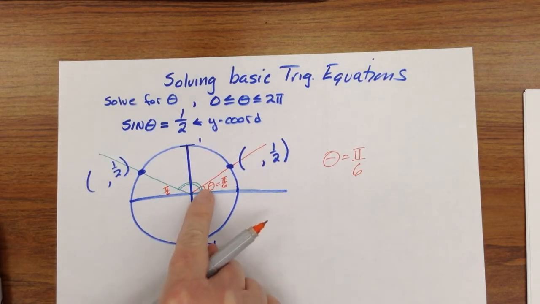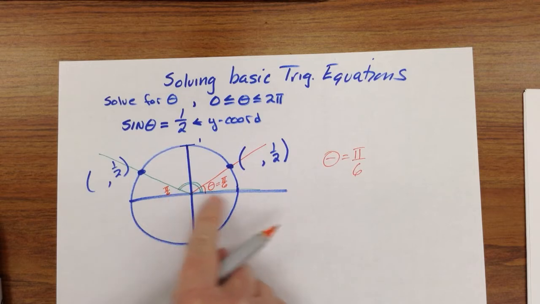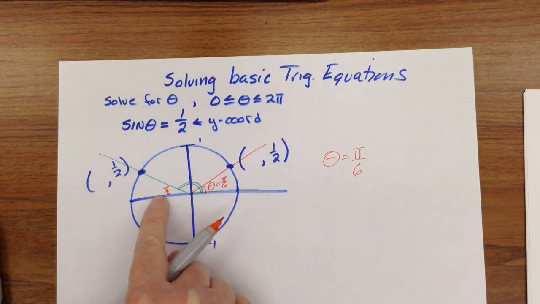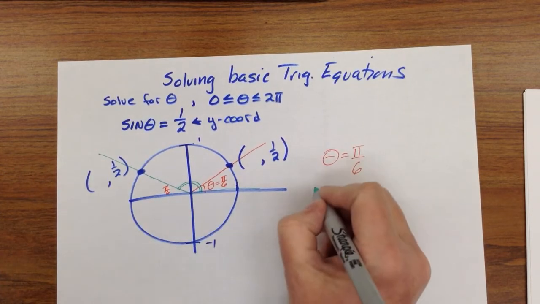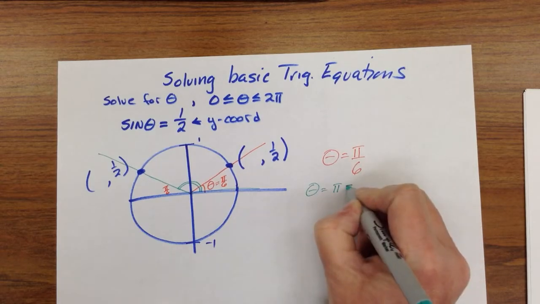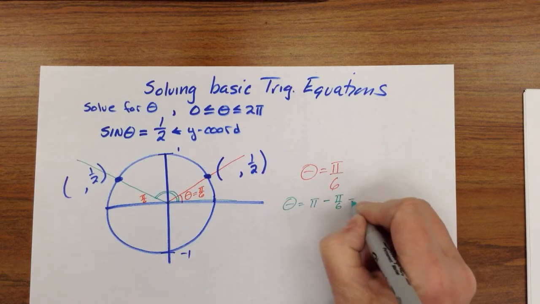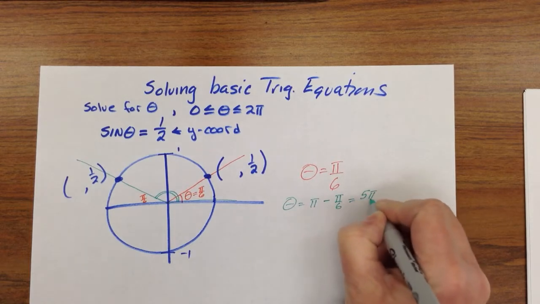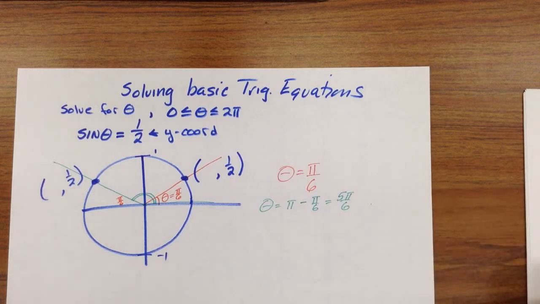The green angle that we're looking for added to the pi/6 would be the straight angle of 1 pi. So the one that I'm looking for is going to be 1 pi, take back 1/6. Well, 1 minus 1/6 is 5/6. And those are our two happy answers.